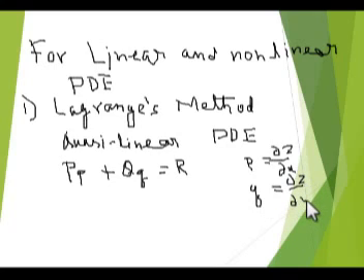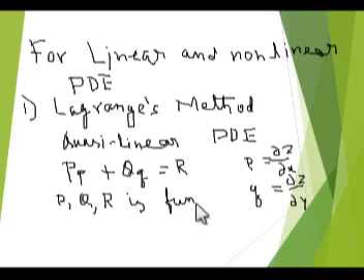And P, Q, R are functions of x, y, z. There are two independent variables x and y and one dependent variable z.